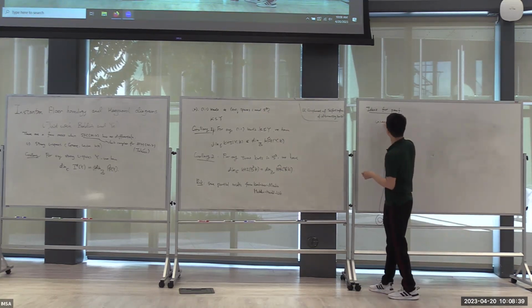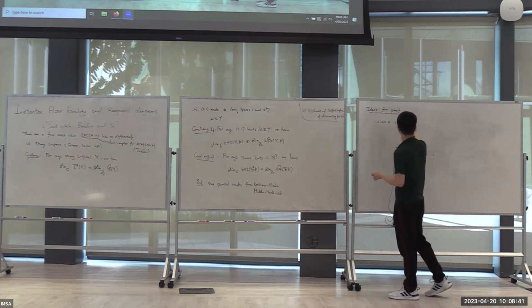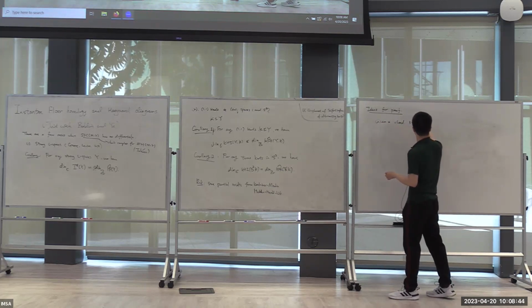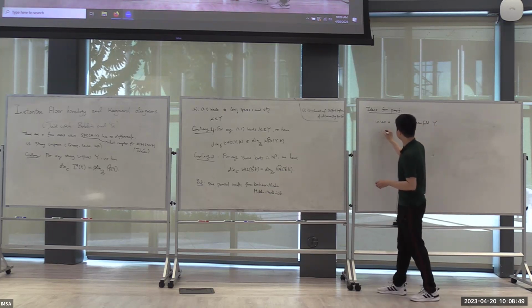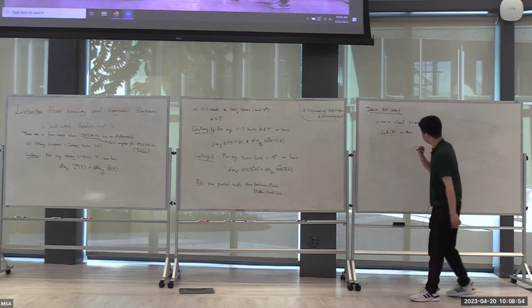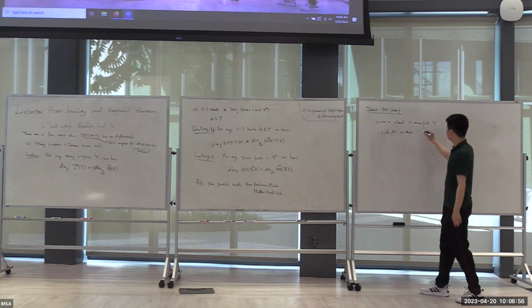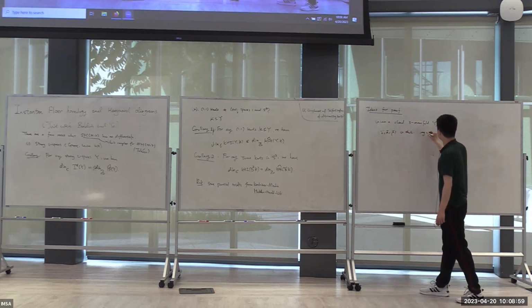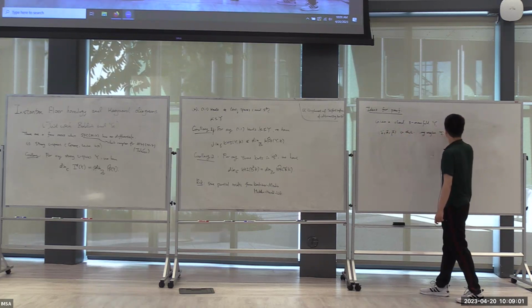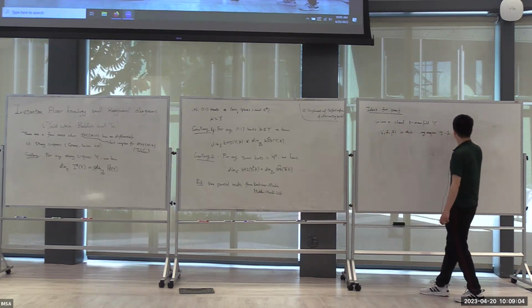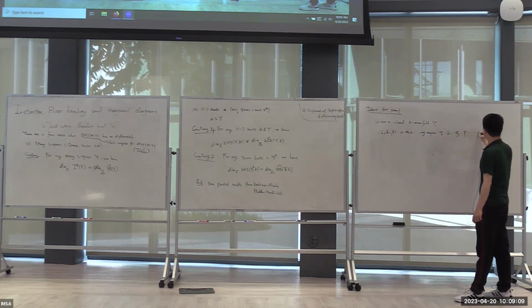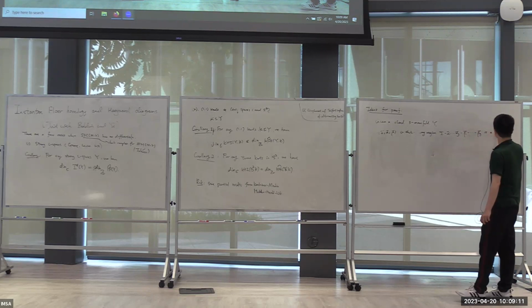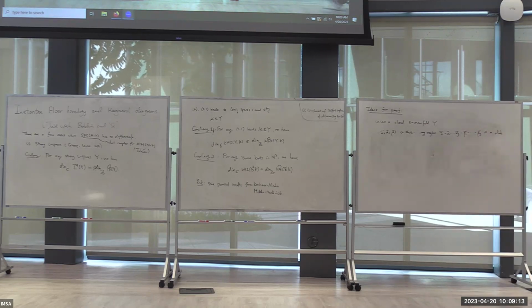So let's say given a closed three-manifold Y and given its Heegaard diagram sigma, alpha, beta, so that any region of sigma minus alpha minus beta is a disk.